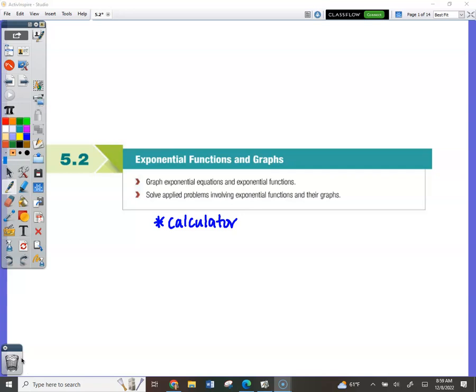dive into the new stuff, I did write right here calculator. Why do you think I wrote that? Because your calculator will really help you on this section, okay? Especially for the graphing, we are going to breeze through the graphing because the calculator will help.